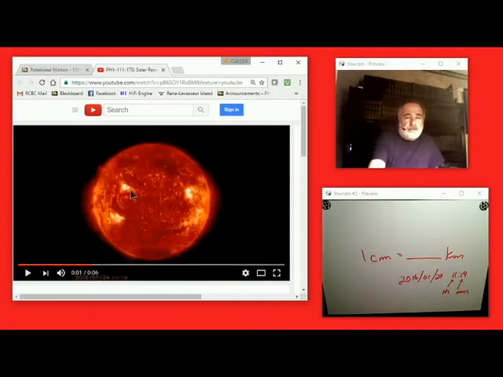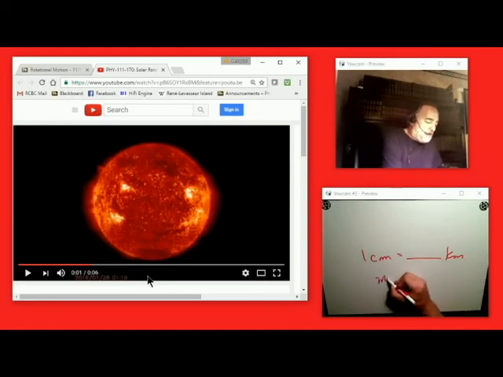This particular spot moved a distance, and with this timestamp, you can tell how long it took to move that. So say it moved 6 centimeters.